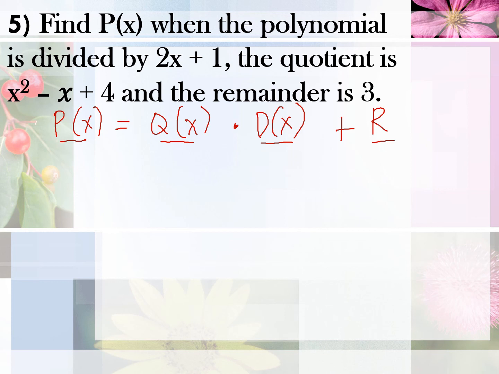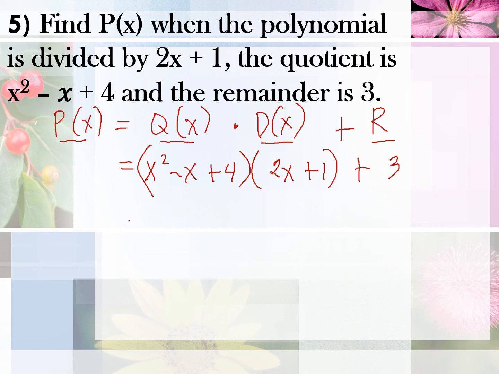So, para ma-solve natin yung function ng ating dividend, i-substitute na natin dito yung function ng ating quotient, which is x squared minus x plus 4. And then, multiply natin sa divisor, which is 2x plus 1. And add na natin yung ating remainder, which is 3.